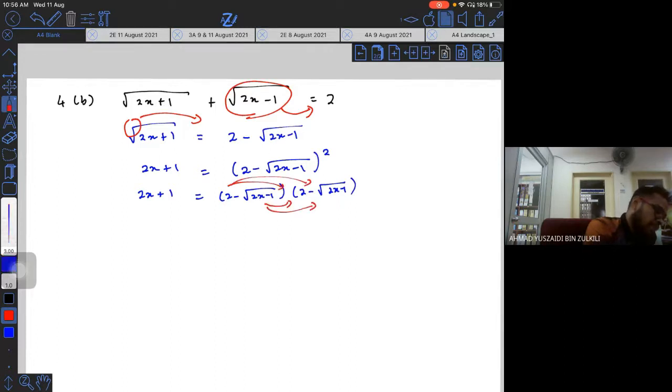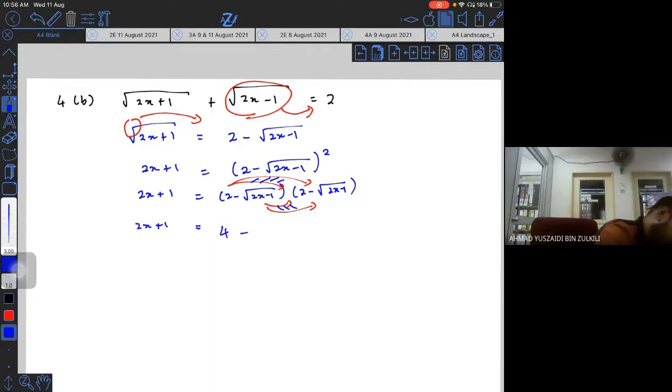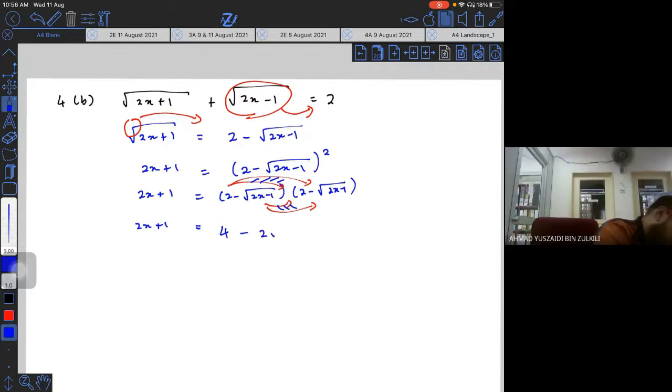Can you tell me what your expansion value is? Equal to what? Negative 2 square root of 2x minus 1. Okay, more.